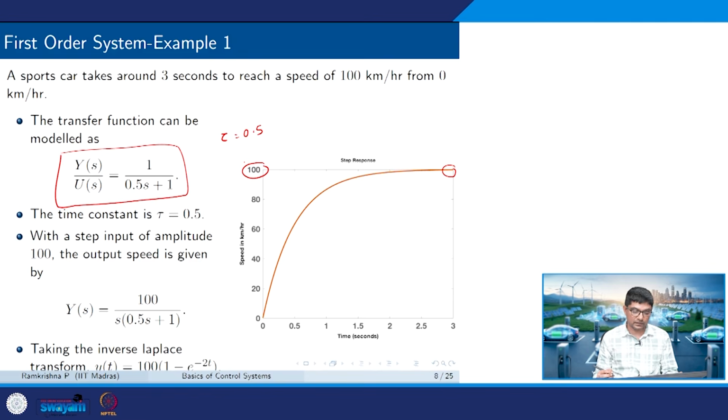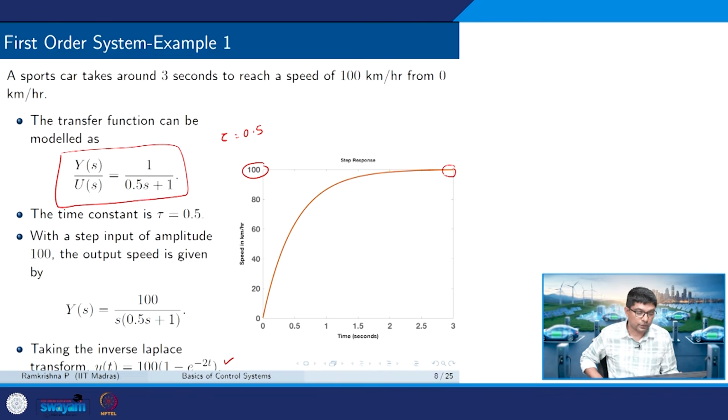So, I look at the output speed. I have y of s is u over 0.5 s plus 1, I look at the inverse Laplace transform to find what is y of t, its response looks something like this. So, what happens here is that we see that the system goes from 0 to 100 in about 3 seconds.